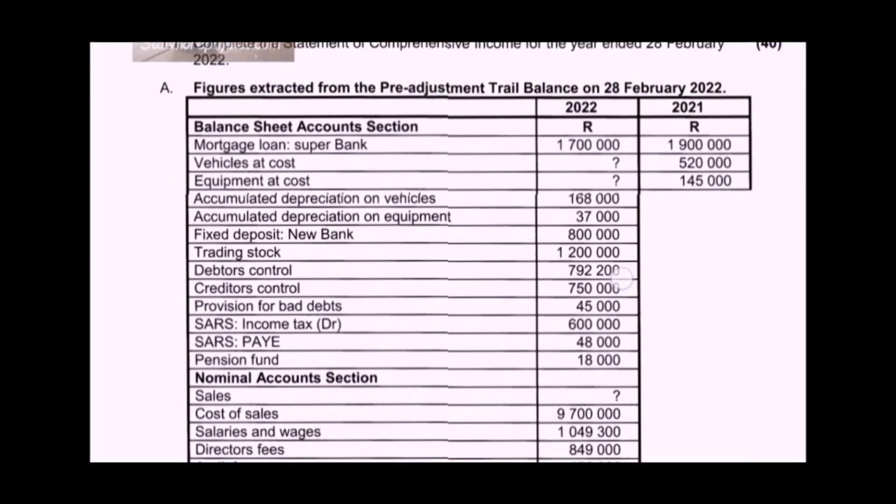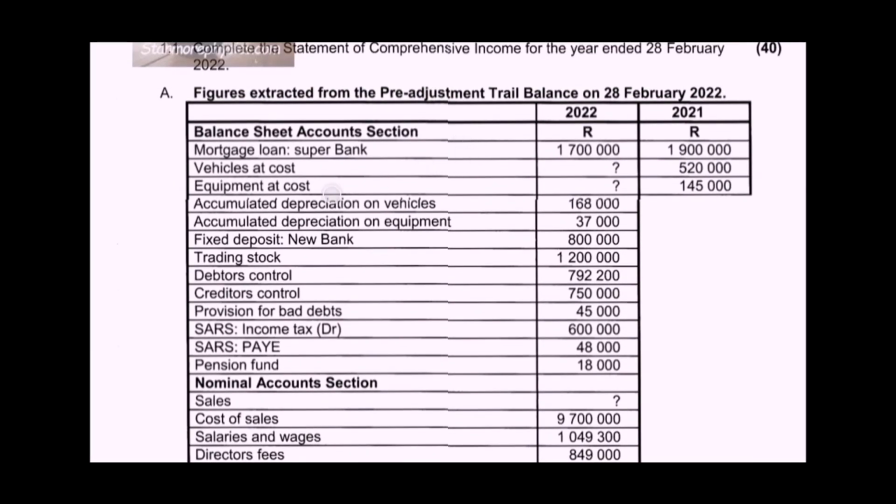On our table here, in the balance sheet accounts section of our pre-adjustment trial balance, we are given vehicles at cost, which is 520,000. This 520,000 still includes the vehicle that has been sold. So we have to find the cost of the vehicle that has been sold so that we can subtract it from 520,000, and then calculate the depreciation of the vehicle that is remaining in the business.